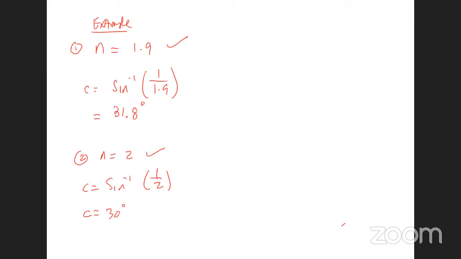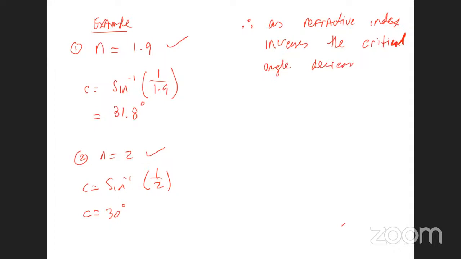So if you look at it there, what happens to the critical angle as the refractive index increases? As the refractive index increases, the critical angle decreases. Okay, so let's make a small note of that.